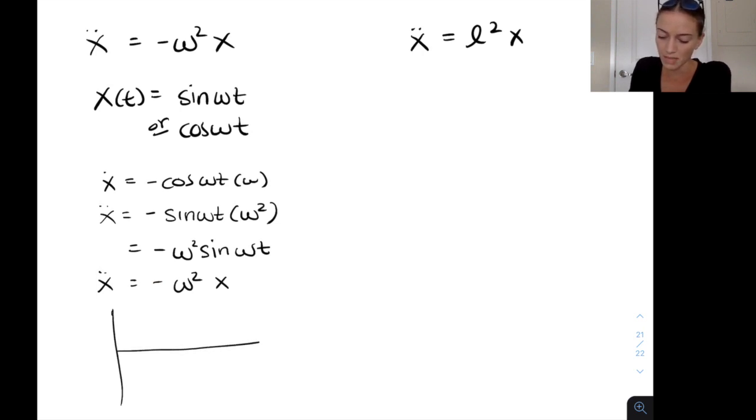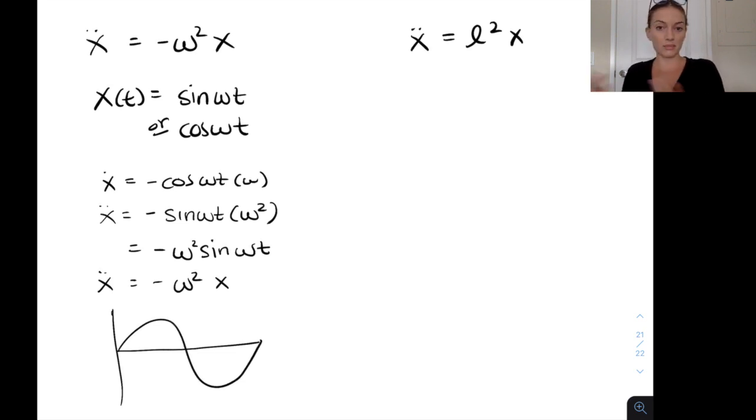And this makes sense because sine and cosine are periodic functions, and we expect something undergoing periodic simple harmonic motion to be represented by a sine or cosine, because that's basically the definition of periodic. Now, in this case, when I don't have the negative sign, the solution to this equation is an exponential. So here, my solution will be like e to the Lt.